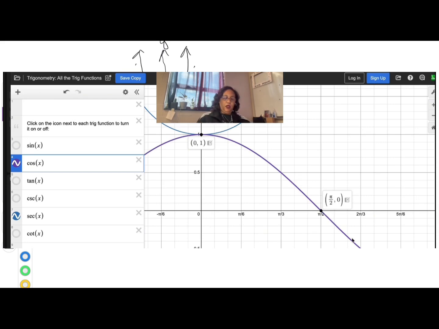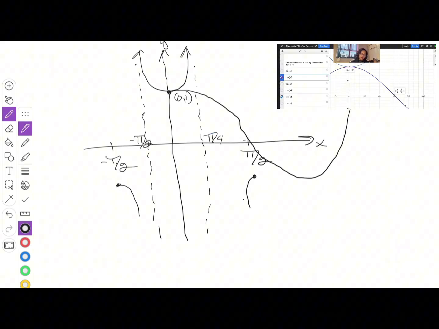Okay. So start here, come down. No, I'm not artsy, but that's what you would use as a guiding function.